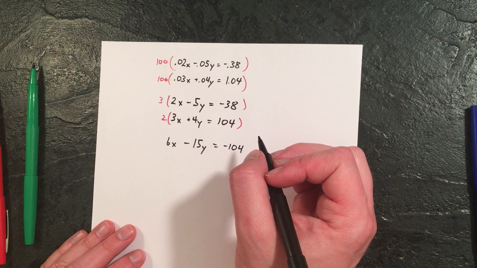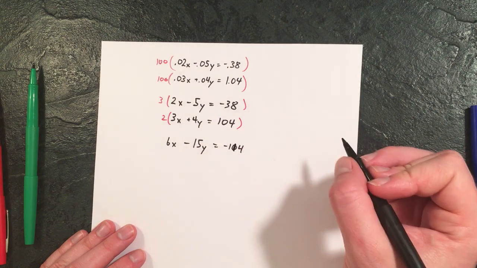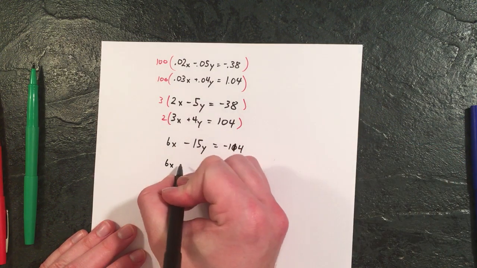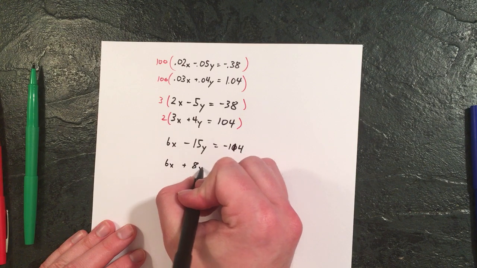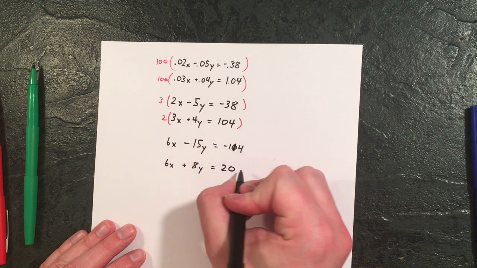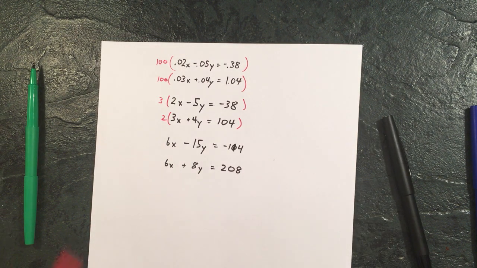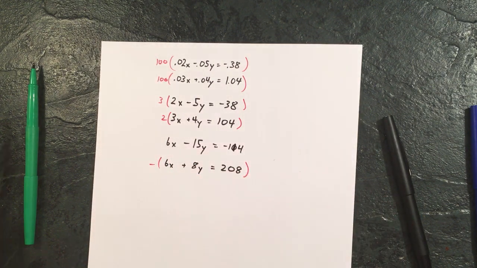Maybe? No, there's got to be another one there, isn't it? Negative 114, that sounds better. And 6x plus 8y equals 208. Okay, let's subtract these. Yeah, we're not going to add them together. Let's subtract them.